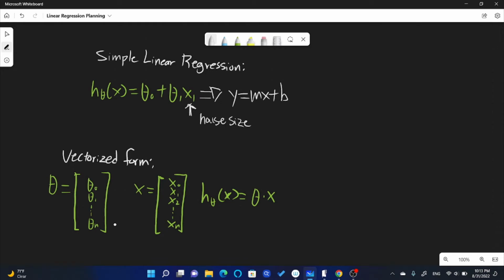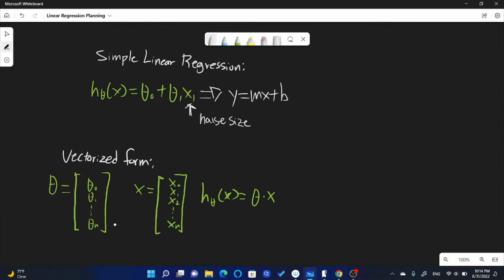X as a vector. And then we can just do the dot product of theta and x vectors. It's basically the same thing as theta 0 times x0, theta 1 times x1, theta 2 times x2, all the way up to theta n times xn. So yeah, that's pretty easy to understand, right? Remember that this is called the hypothesis function.